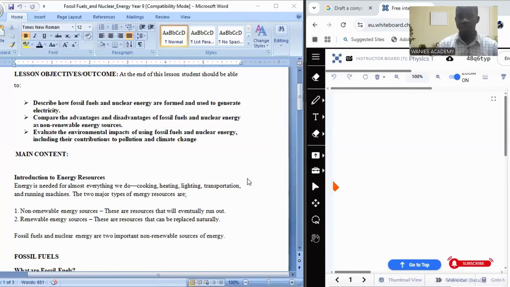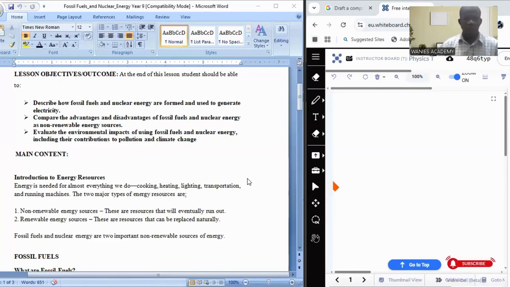You can replace it. So these are resources that can be replaced naturally. So these are the major classifications of energy resources: the renewable energy resources and the non-renewable energy resources.